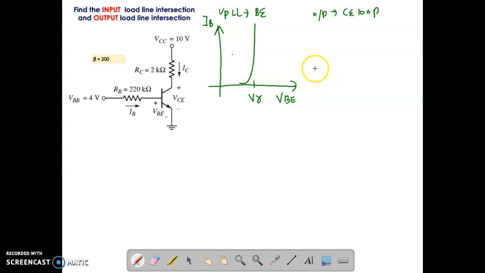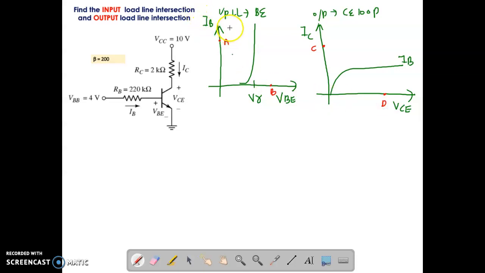For your output load line, your output current is IC, here is VCE, and here is your IB. Your task now is to find the values here A, B, and the same here C and D.